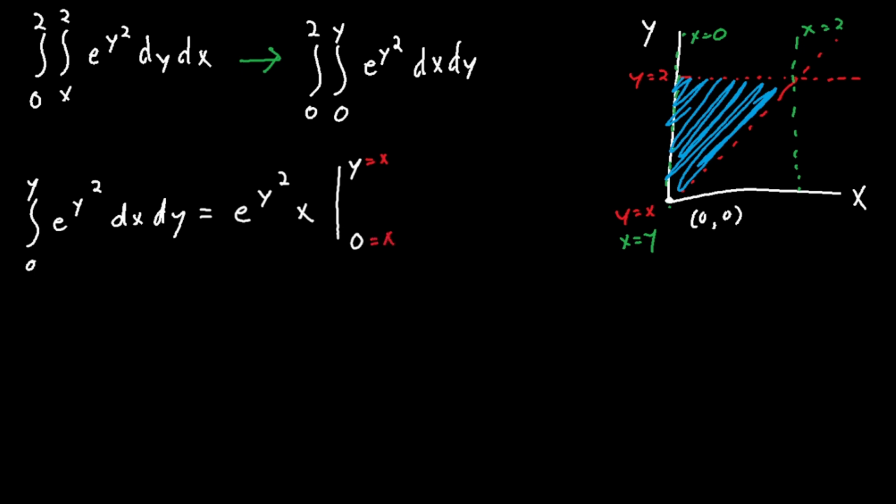We can plug in our values for y into x, and then we get y times e to the power of y squared. And when we plug in 0, we just get 0. So this is our answer for this integral here. Sorry, I wrote dy here as well. That's not supposed to be there.